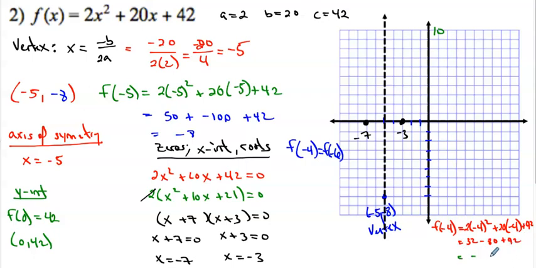And this is going to give me negative 6. So I'll have 32 and 42 is 74, positive 74, and negative 80 is negative 6, and that should be 1, 2, 3, 4, 5, 6, negative 6 here, and that's f of negative 4. F of negative 6 is also going to be that same negative 6 here.